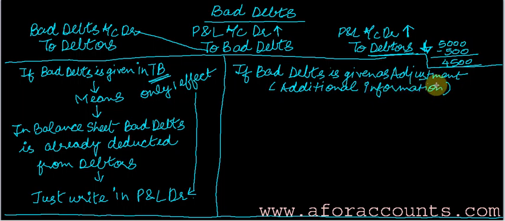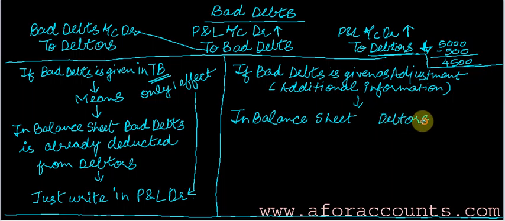There you have the bad debts amount. So now in additional information, you will have to give it a dual effect. In the balance sheet, deduct bad debts from debtors. In the balance sheet, what will you do? Debtors minus bad debts, which is given in your additional information.